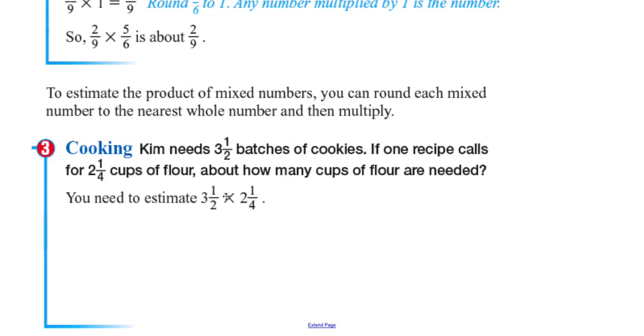When we round mixed numbers, we look at the fraction next to the whole number. In this case, 1/2 rounds to 1, so 3 1/2 becomes 4. Since 1/4 is closer to 0 than 1, we round 2 1/4 to 2.